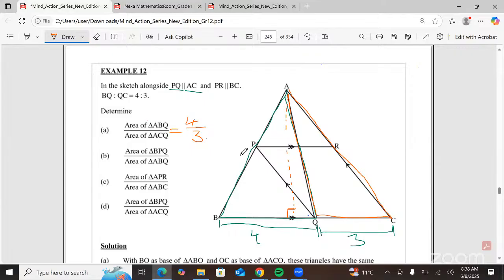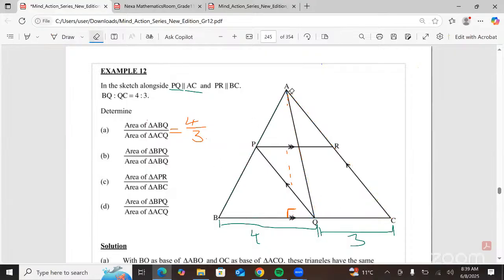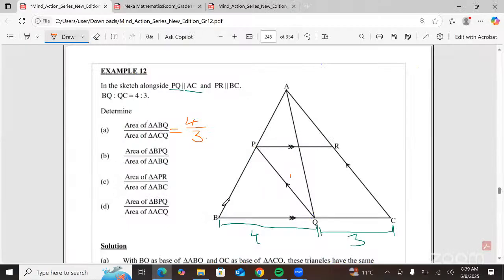Then let's go to number B. Find the area of BPQ. BPQ is this one. Okay, that is BPQ.